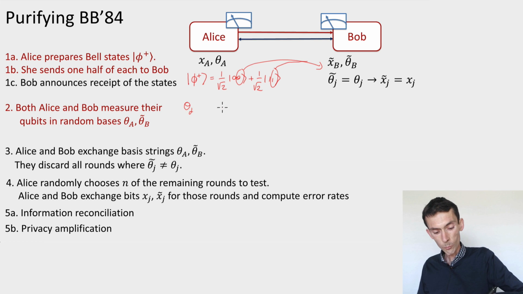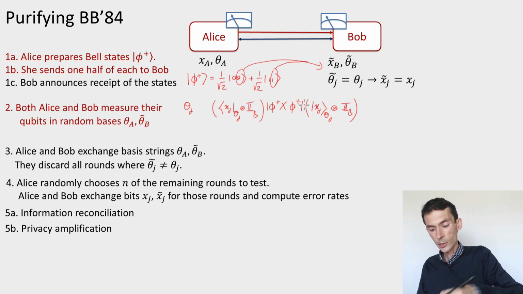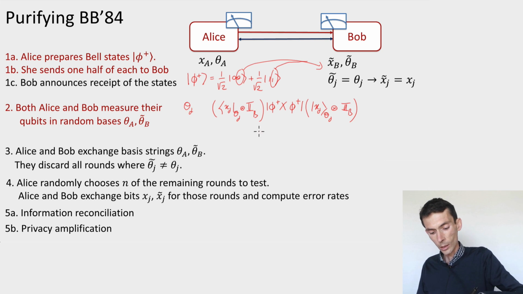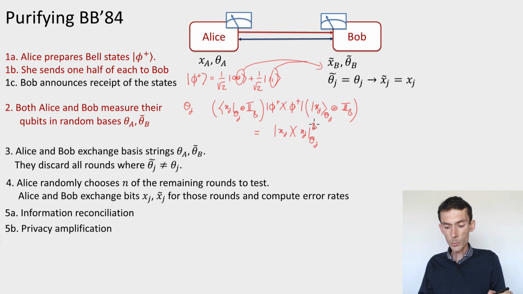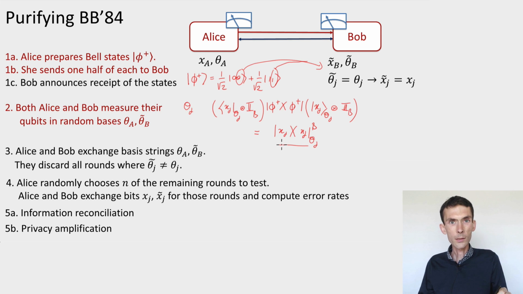We simply have to project the first qubit onto xj encoded in basis theta j, perform the identity on Bob's qubit, and apply this to phi+. What do we get? Well, because this is an EPR state, Bob's qubit gets projected into exactly this same state that Alice has obtained. So this is equal to xj encoded in the theta j basis, but on Bob's side. And this is exactly the BB84 state that Alice would have sent over to Bob.